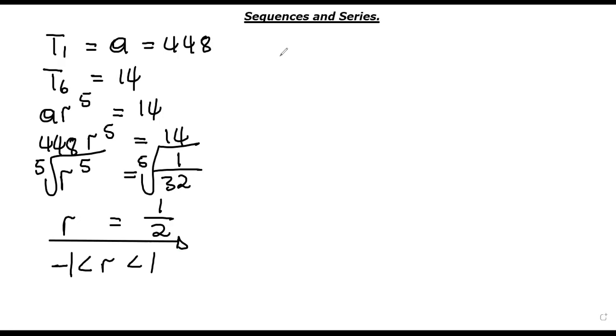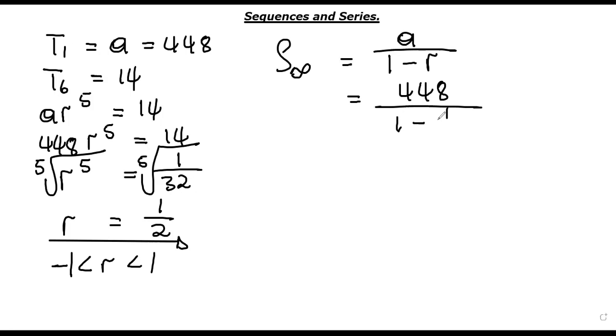So remember, in order for you to find the sum to infinity, you don't need to know many things. You just need to know your first term as well as your constant ratio. So you say term number 1 is 448. The constant ratio is 1/2.